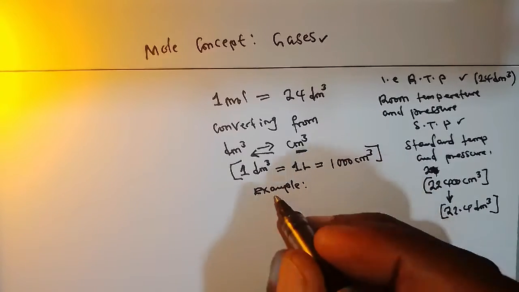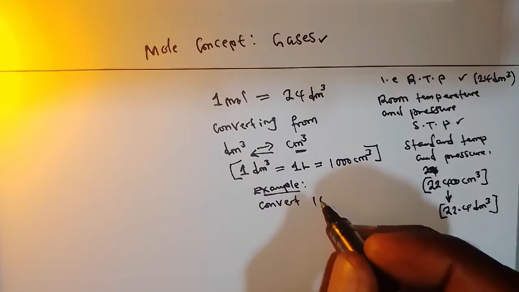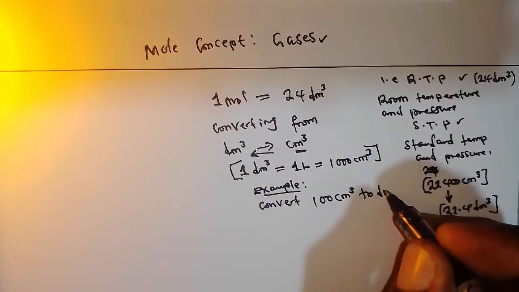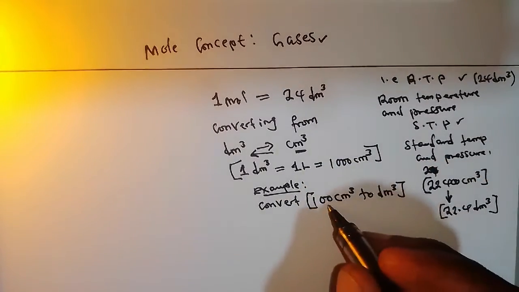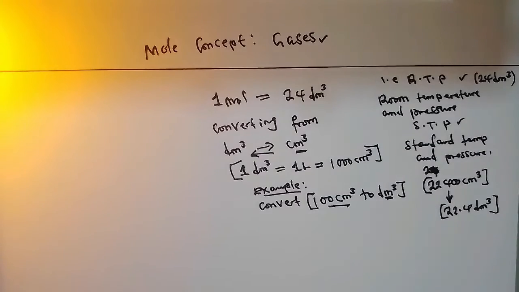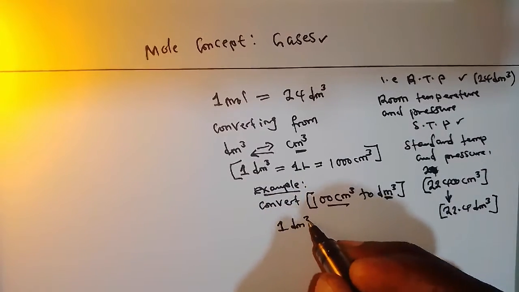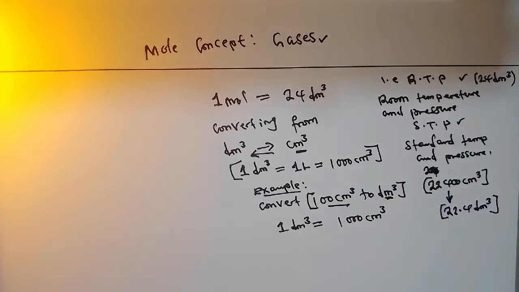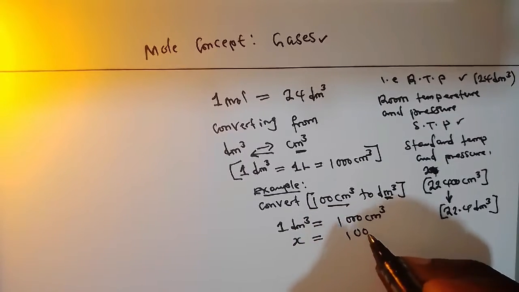For example, convert 100 cubic centimeters to decimeter cubic. The standard unit is a liter or decimeter cubic. So what you know is 1 decimeter cubic is equal to 1,000 cubic centimeters. Now, what is x for 100?